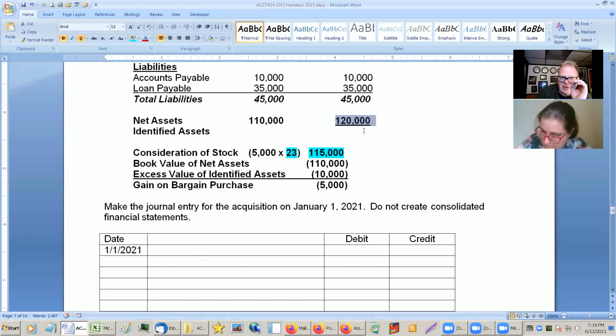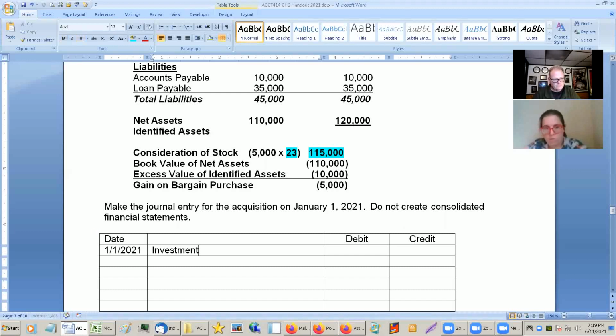So we're not going to put this on the books for what we paid for it. We paid less than the fair value. So this investment will be on the books at $120,000.